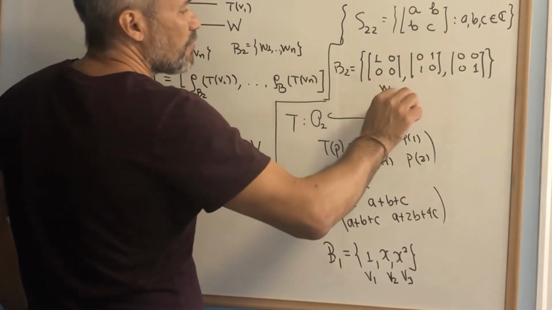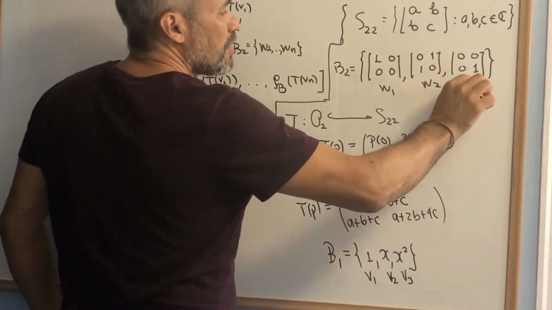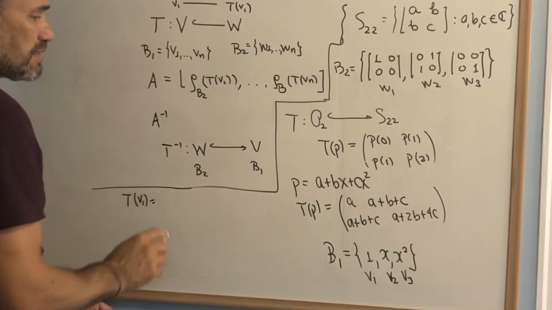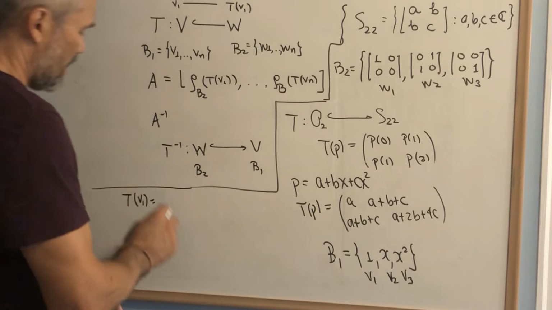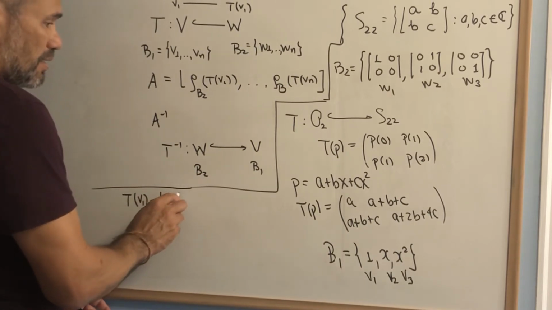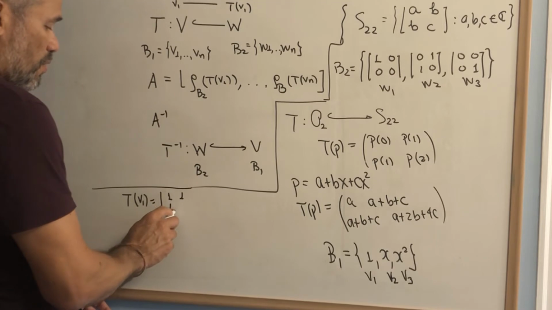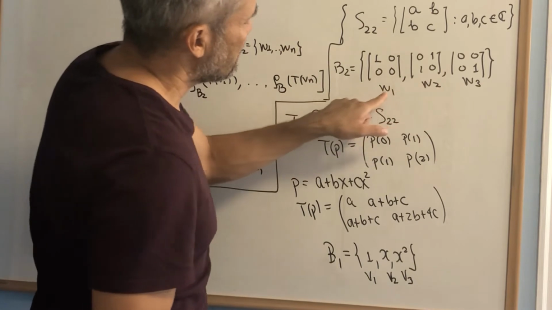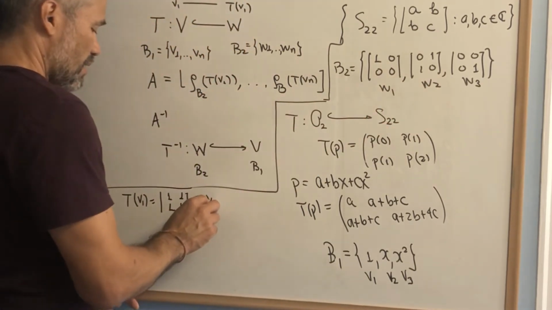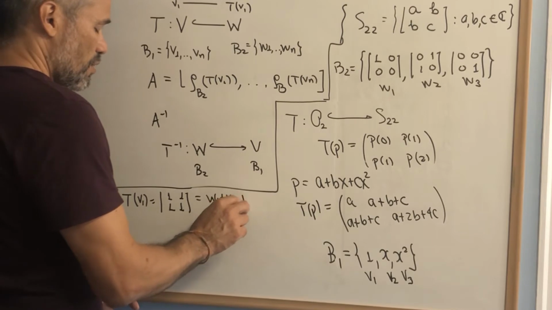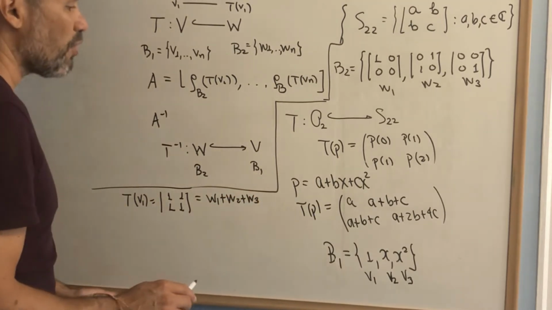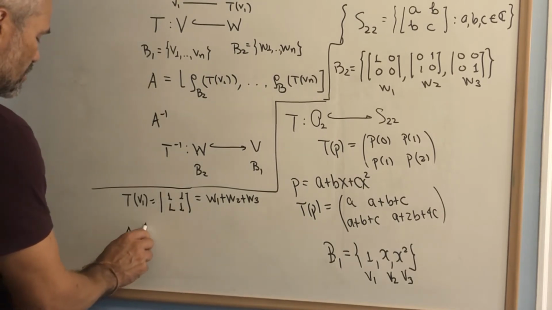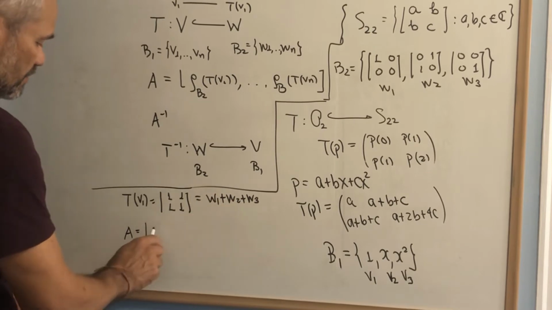This is going to be w1, w2, w3, and T of b1 is just T of 1, and then you will get the matrix 1, 1, 1, 1, and you can see easily that this is just w1 plus w2 plus w3, and therefore the first column of A is going to be equal to the vector 1, 1, 1.